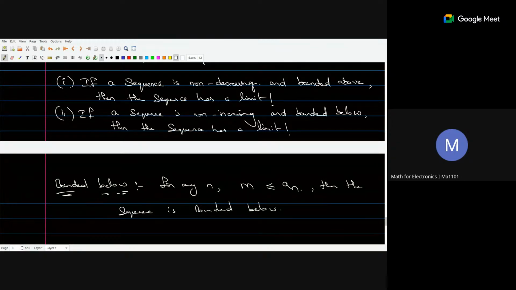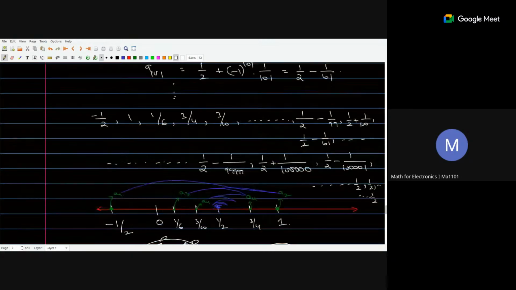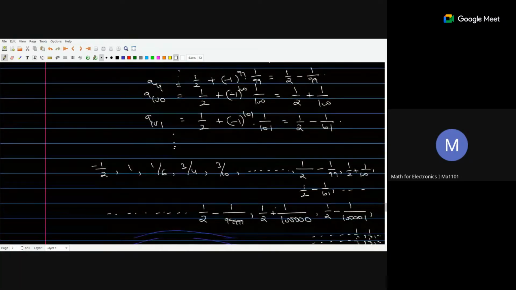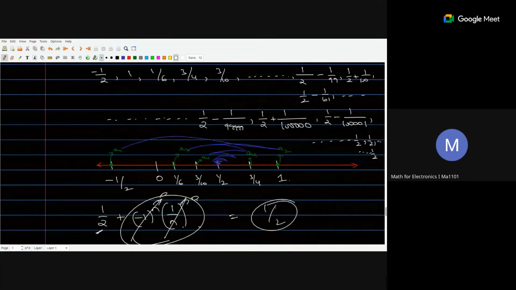Okay. Is this sequence bounded below? Think and answer me. No, sir.